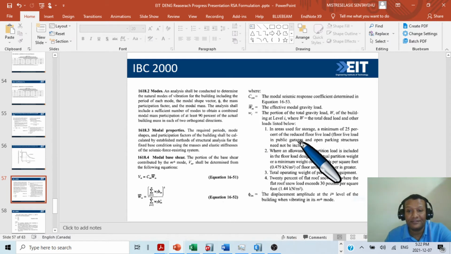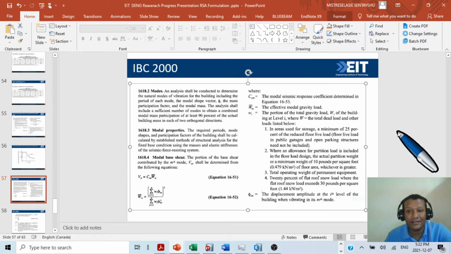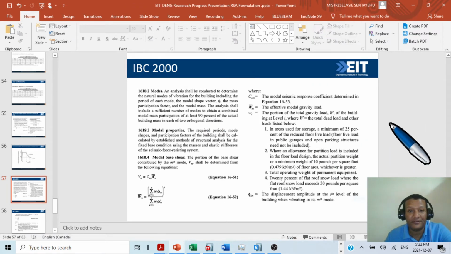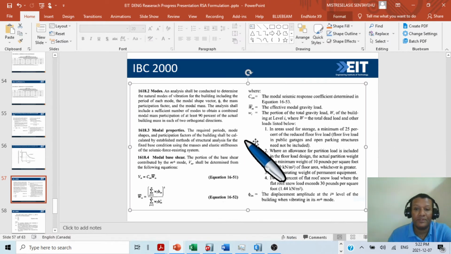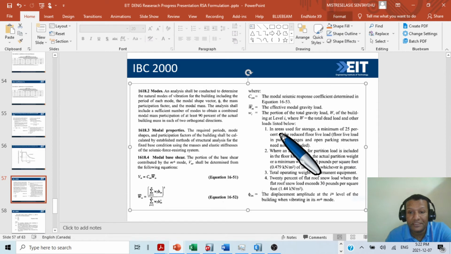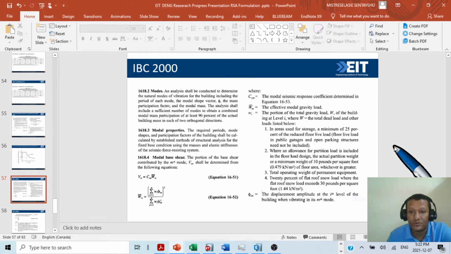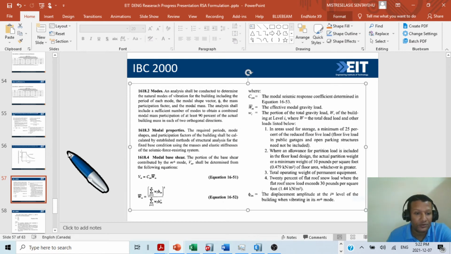In UBC 97 we divide the base shear and the scaling is directly applied, but in IBC 2000 the procedure is different. In IBC 2000 there is a Cd factor and other factors also, but in UBC 97 that's not the case.